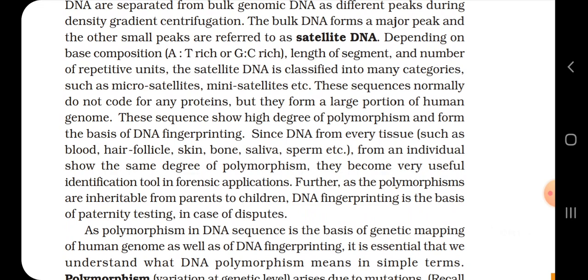Now DNA polymorphism refers to the allelic variation that occurs as more than one variant at a locus with a frequency greater than 0.01 in the human population. This technique was discovered by Alec Jeffreys, and he used satellite DNA as a probe. Probe means the sample.